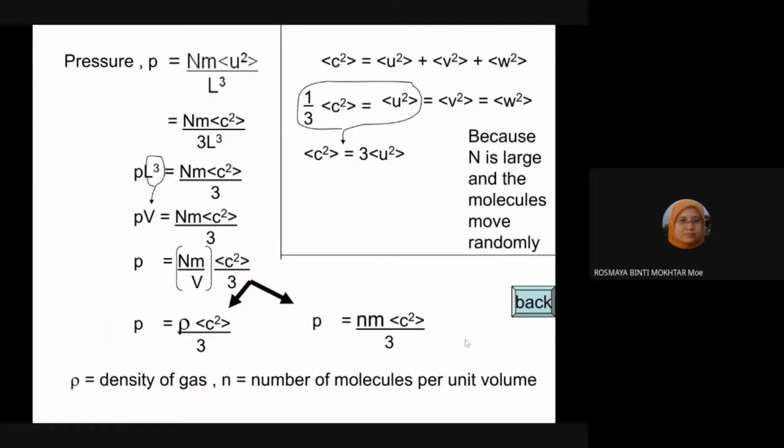In our textbook, the derivation for this equation for the pressure of a gas is in your book, so you can refer to your books and also to my PowerPoint notes, which I will give later.